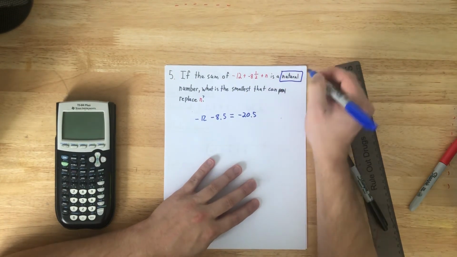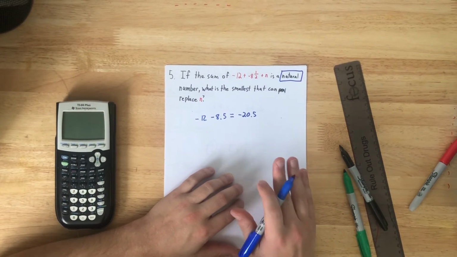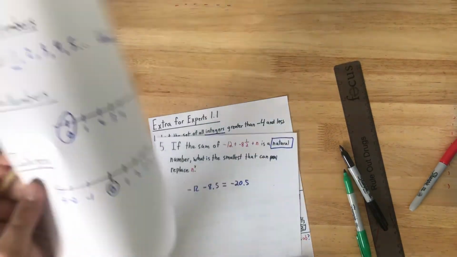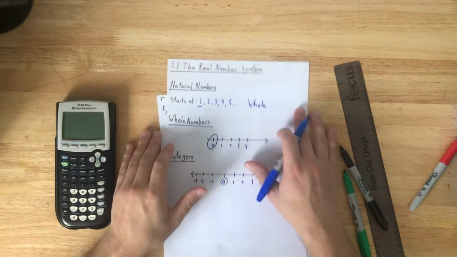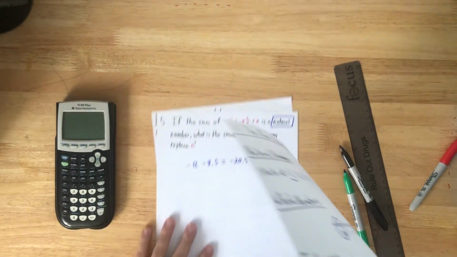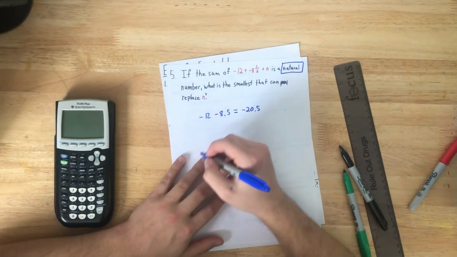Natural, that's the word we're looking for. What is the smallest that n can be? Well, if we look at our page from our first lesson, a natural number always starts at number 1. So we're looking for 1. We're going to do a bit of algebra here.